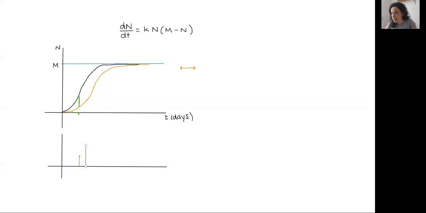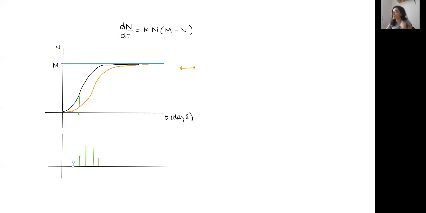Then at this time, I'm going to have these many people in the hospital. So this is what I'm going to have over here. And at this time, I'm going to have these many people in the hospital. So that's what I'm going to have here. And then let's say if I looked at one of the earlier times, this is what I would have here. And this is what the value would be here.